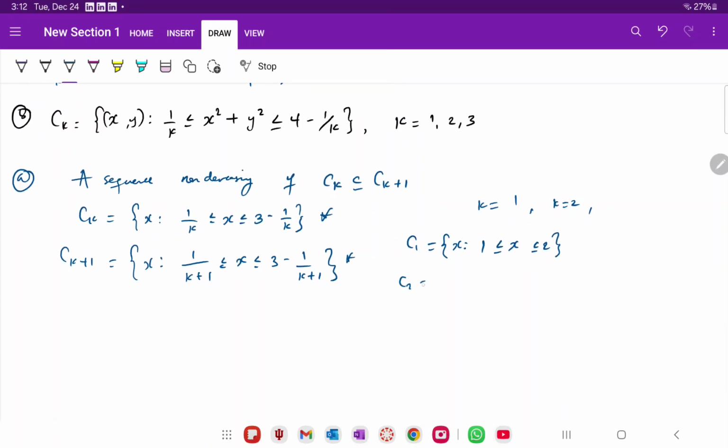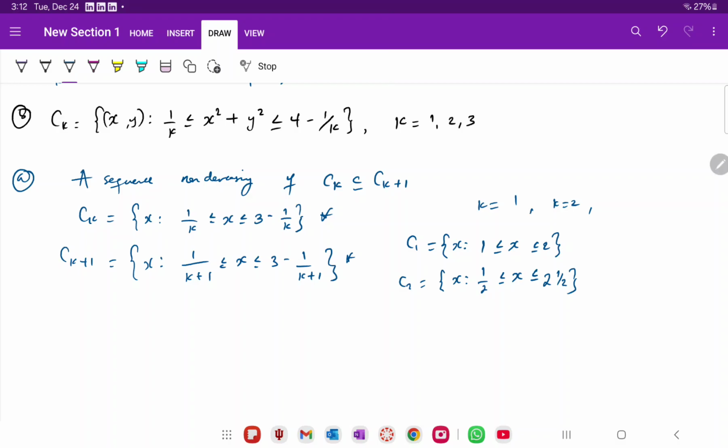Then for C2, that will be half, and then this will be 3 minus half, and that will be 2 and a half.